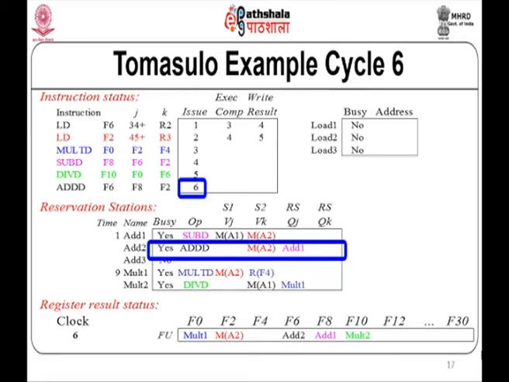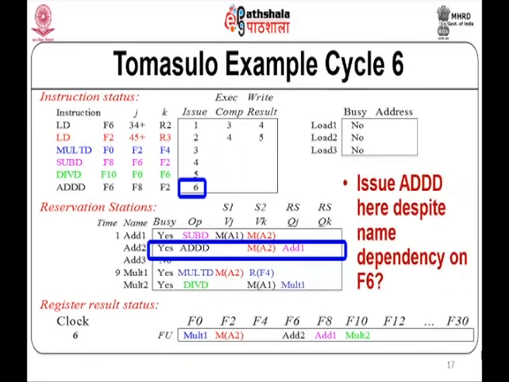F8 has to come from the sub instruction, which has not yet completed. F2 comes from the load instruction, load 2, which has already completed and written its result, so you just read it from F2 and store it there. The other operand indicates that the sub instruction's reservation station entry has to produce the result. The divide instruction has already been issued in the 5th clock cycle, so that goes into the multiply 2 reservation station entry. All this happens during clock cycle 6.